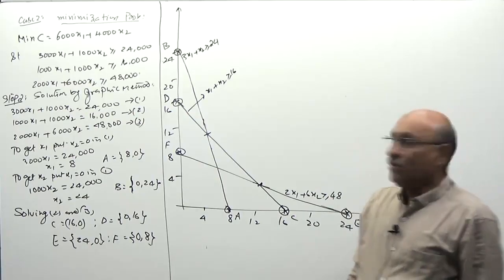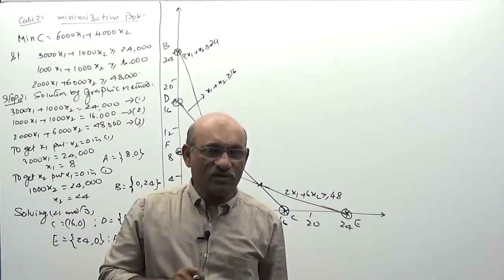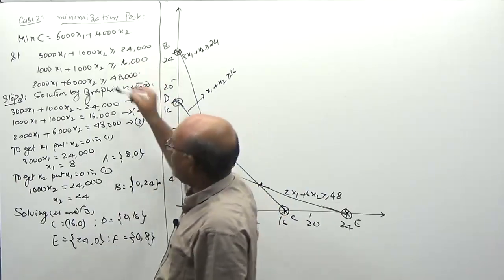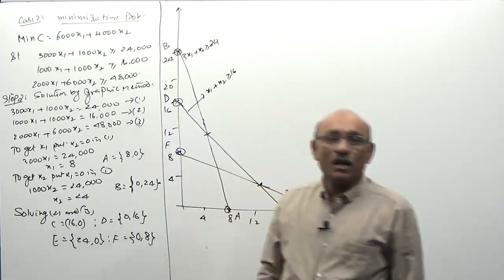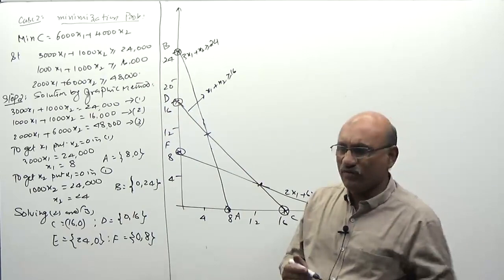Now, first we have to identify the common area for the three lines. Our inequalities are greater than or equal to. Since inequalities are greater than or equal to, above the line you have to consider.